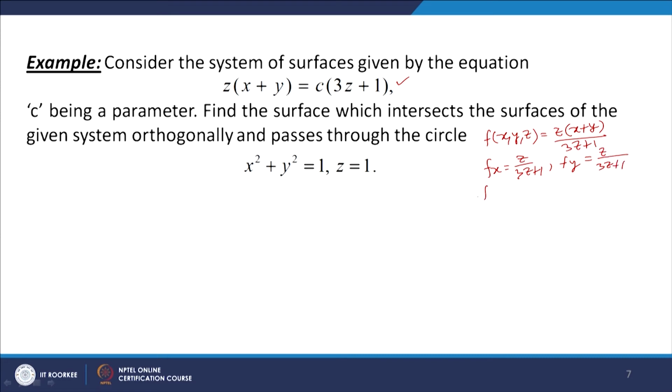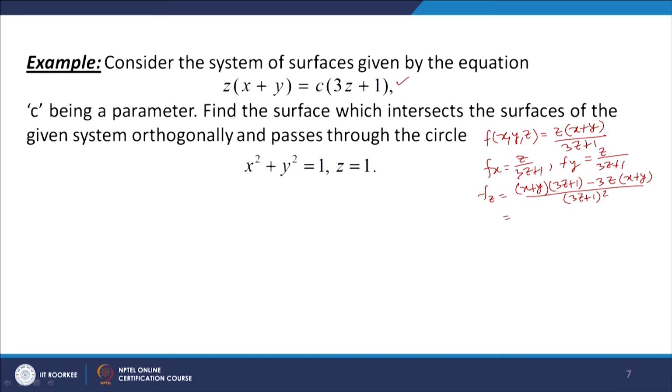And when we find f z, in the numerator we have z, in the denominator also we have z, so let us differentiate by the quotient rule. The derivative of the numerator with respect to z is x plus y, into 3z plus 1, minus the derivative of the denominator, which is 3, times the numerator, divided by 3z plus 1 whole square.